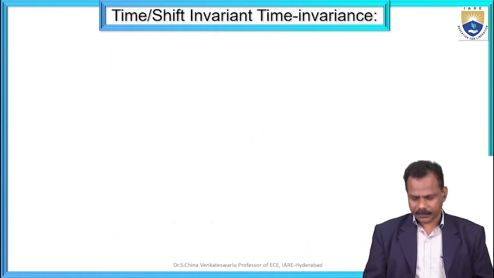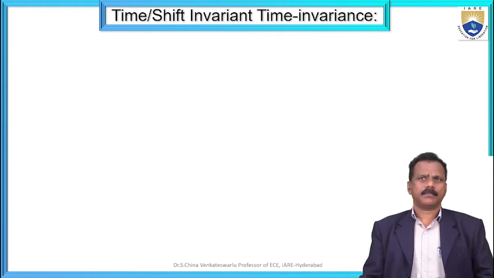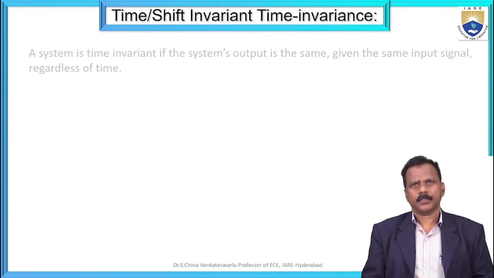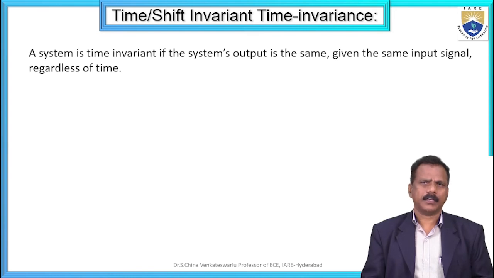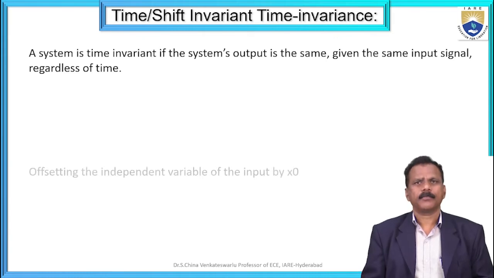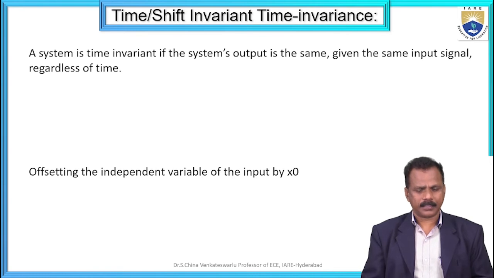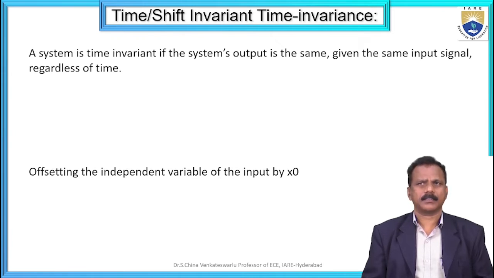Next, coming to time invariance, or shift invariance. A system is time invariant if the system's output is the same, given the same input signal, regardless of the time.